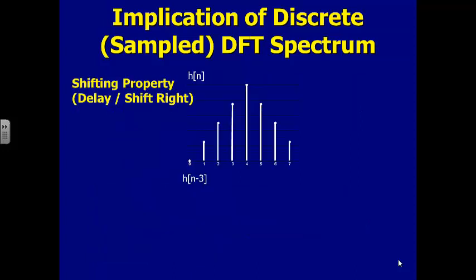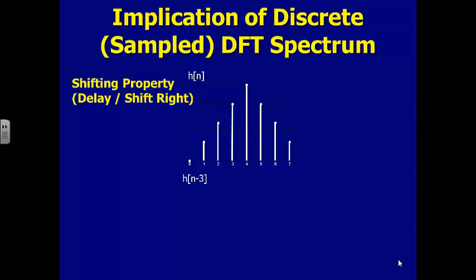What does that mean? Well, here's a finite length sequence. We'll assume all the other values are zero before and after this bunch. And I want to shift this by 3 places. Okay, well, Fourier transform properties say if I want to do time shifts, I can take its transform, multiply it by some e to the j something or other, and inverse transform it.